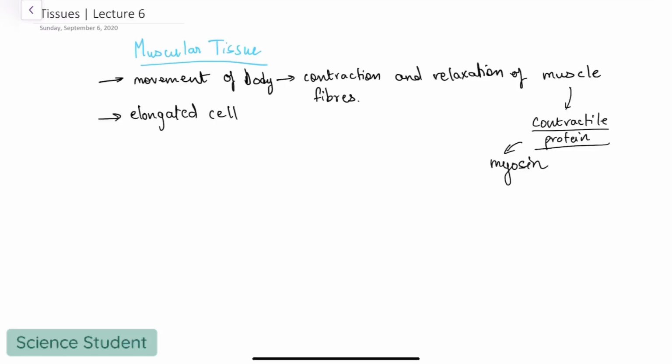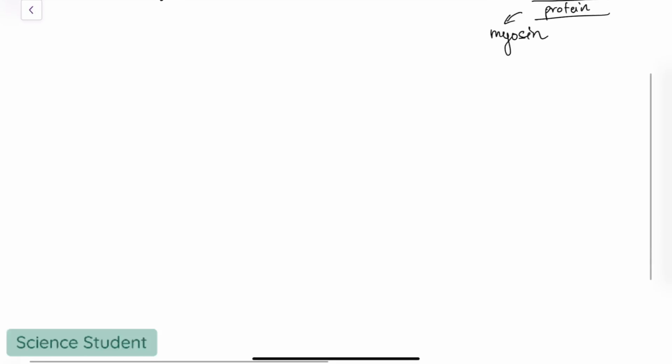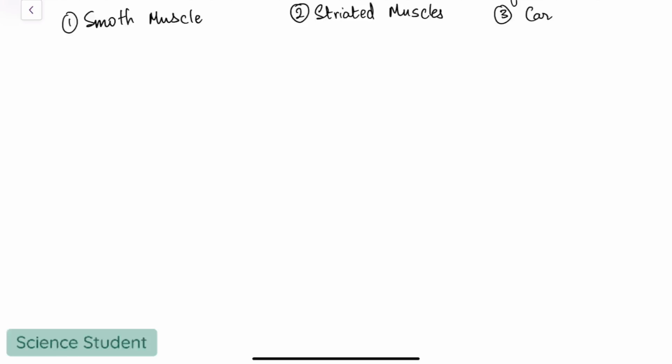Now we'll learn three types of muscle tissue, and they are: first is smooth muscle, second is striated muscles, and the third and last is cardiac muscle.